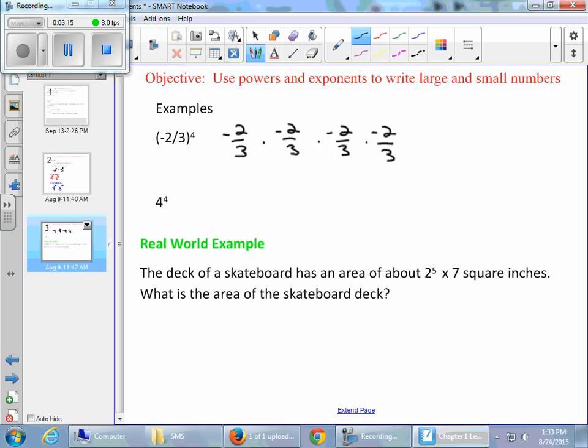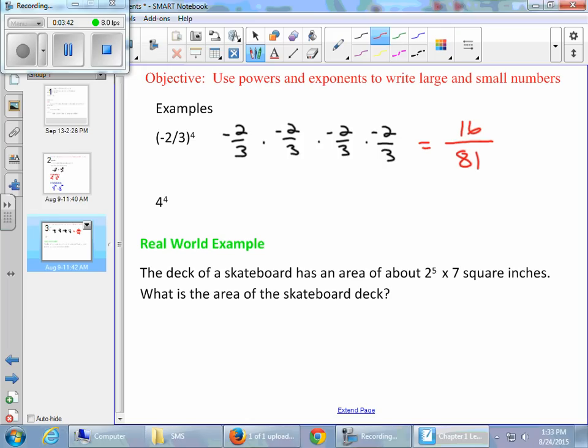And you know, on fractions, what do you do? You multiply the top times the top and the bottom times the bottom. So we have -2 times -2 times -2 times -2, which gives us a positive 16. And then 3 times 3 times 3 times 3 gives us an 81. So 16/81 is our answer there.